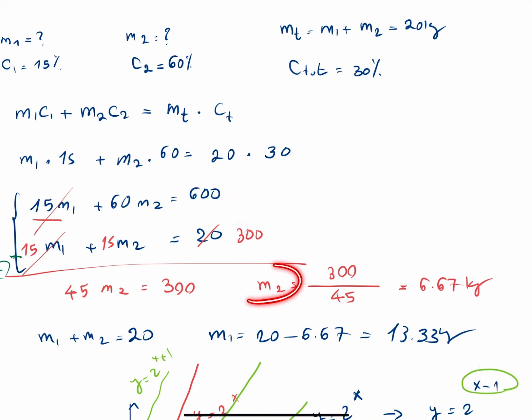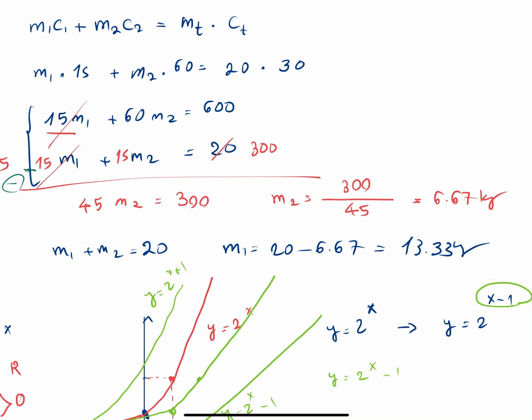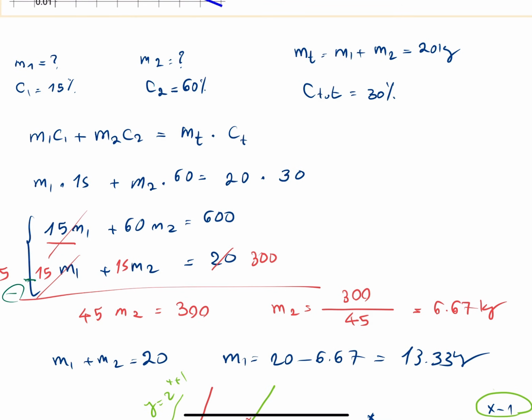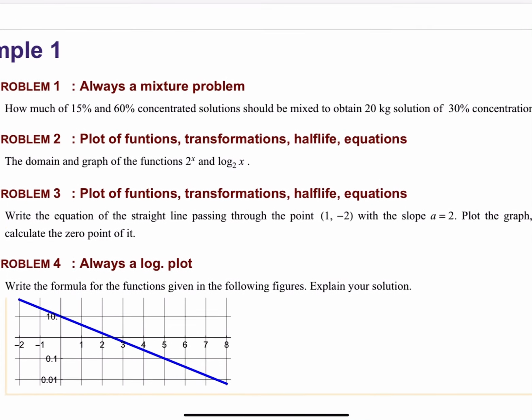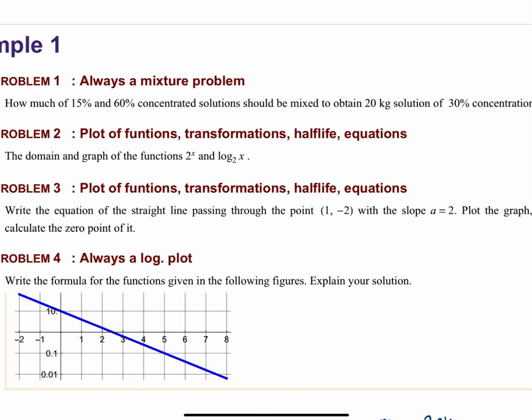Then M2 will be 300 divided by 45, it will be around 6.67. And we know the sum will be 20, so I put M2 here, and M1 will be 13.33 kilogram.